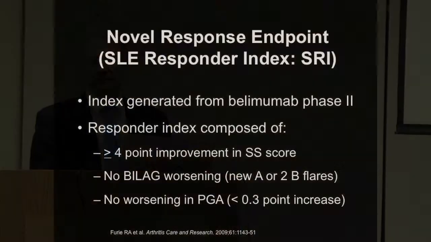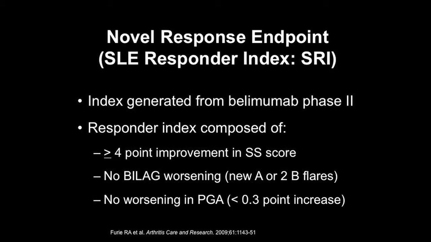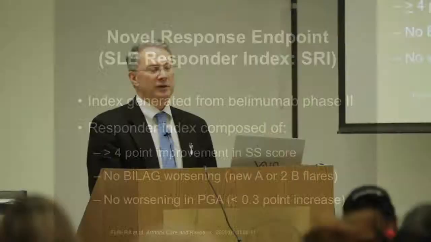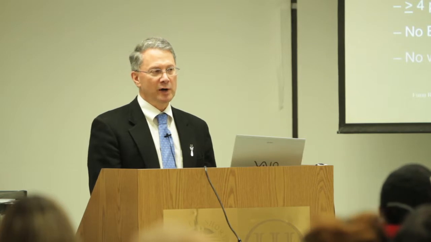We were able to use certain things, and I'm not going to go into any detail, but these are some of those disease activity instruments that I mentioned. And we could say whether a patient was a responder or a non-responder to the drug. And though it sounds very simple, it really was a major breakthrough because we never used a composite index in lupus. They're very commonly used in osteoarthritis studies and in rheumatoid arthritis studies.